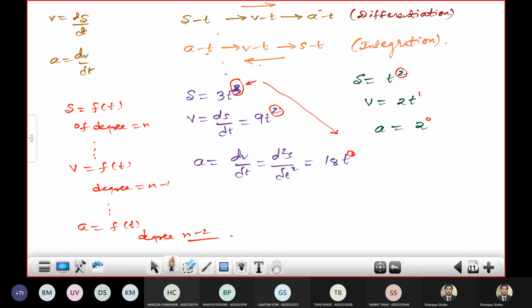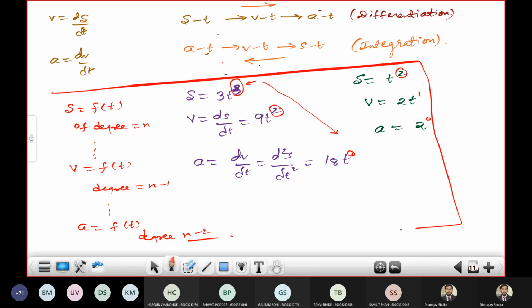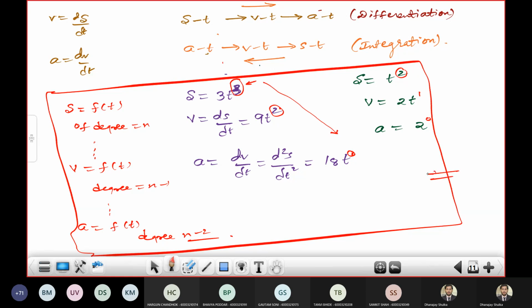Can I conclude here? Yes, sir. This you have to keep in mind. This will help us to draw and deal with the motion graphs when we actually solve the problems. I will come to this point when I predict the nature of the graphs, so right now I am leaving this point here itself.